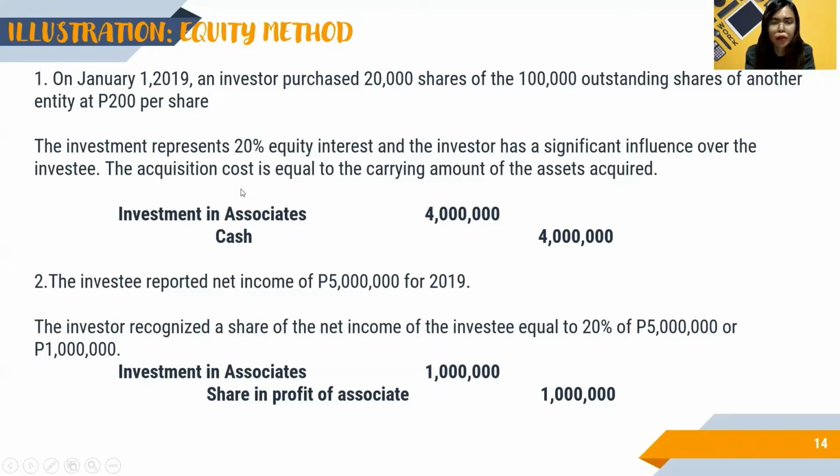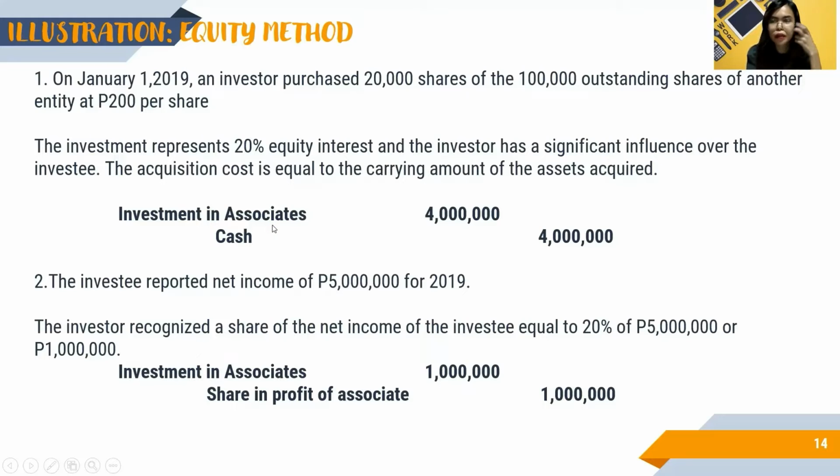So, malinaw na sinabi dito sa problem na meron kang significant influence and then meron ka ding 20%. So, pwede nating i-compute yung 20% na equity interest. So, paano? 20,000 shares divide by 100,000 shares. Yun yung computation para makuha yung 20%.